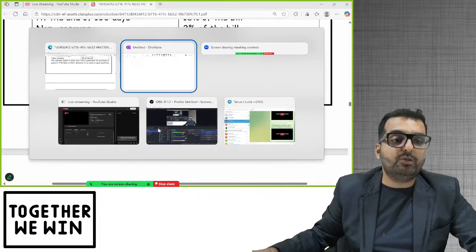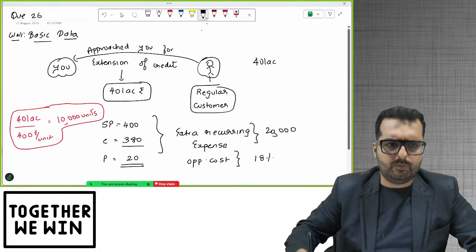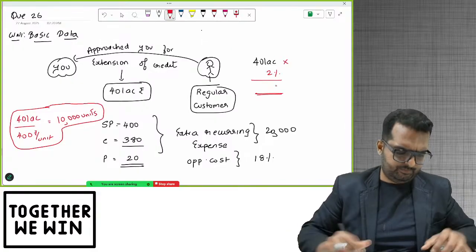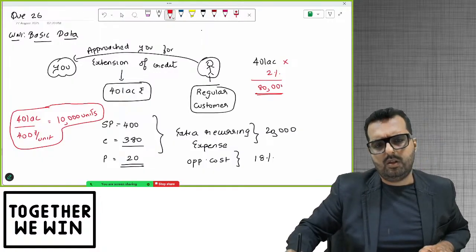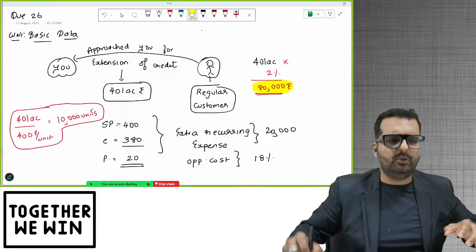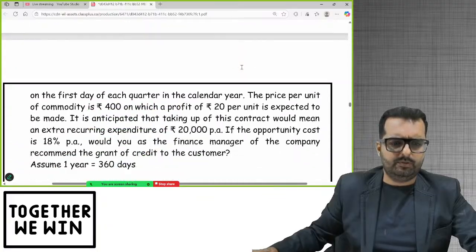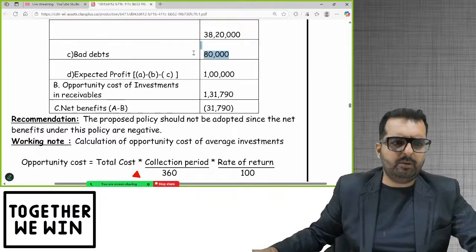How much is 40 lakh into 2%? It turns out to be 80,000. That will be your bad debts also.